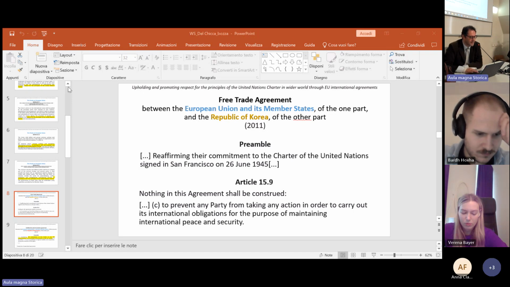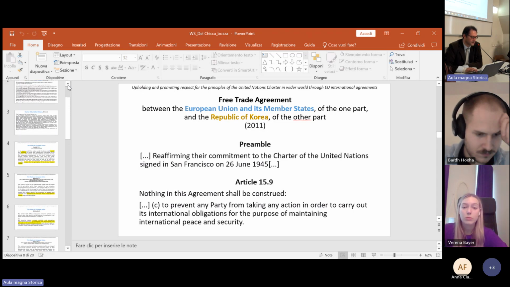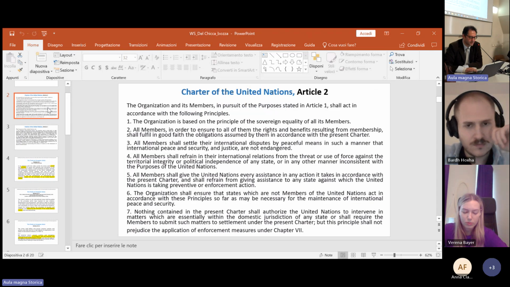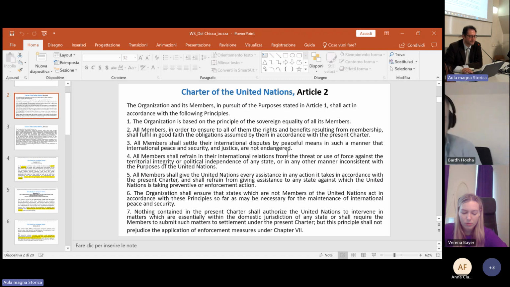You remember, among the principles of the United Nations Charter, we also have to settle international disputes by peaceful means in such a manner that international peace and security and justice are not endangered. All members shall refrain in their international relations from the threat or use of force against the territorial integrity or political independence of any state, and so on.